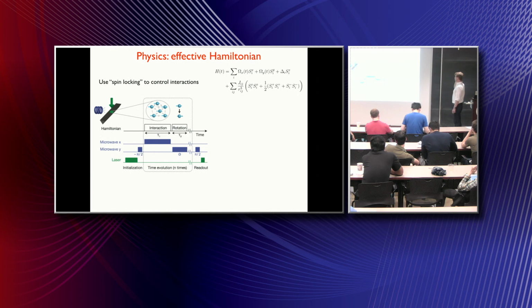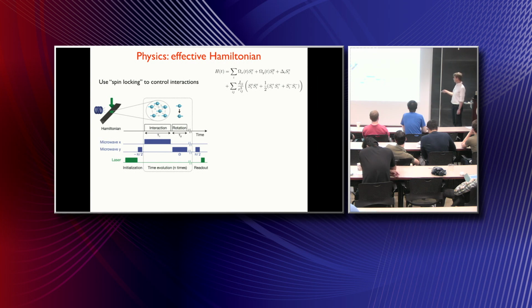So actually the precise sequence which we use is shown here. This is the microwave pulse around the y-axis, a pulse which we use to induce these rotations which are close to pi. During the interaction period, we don't just leave the system to evolve.